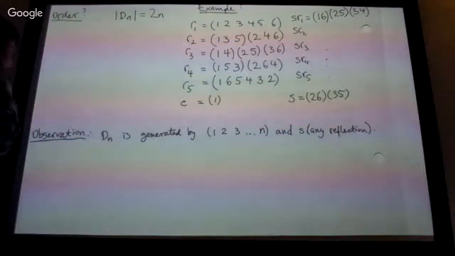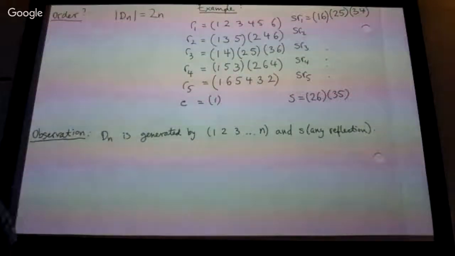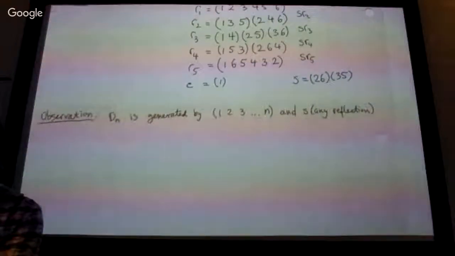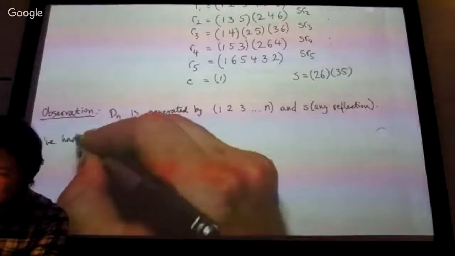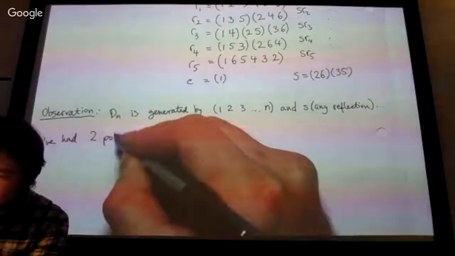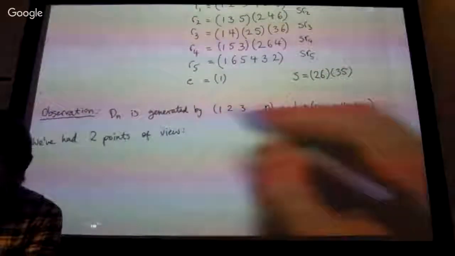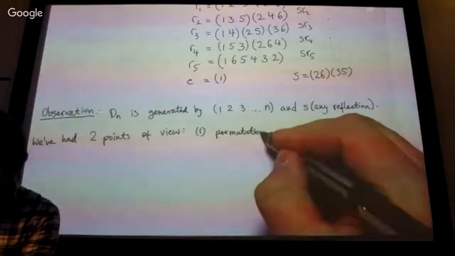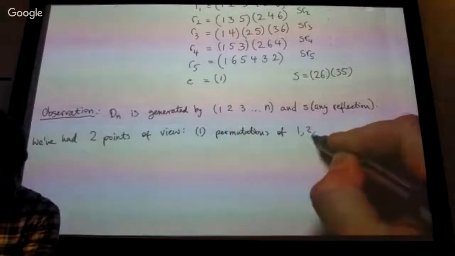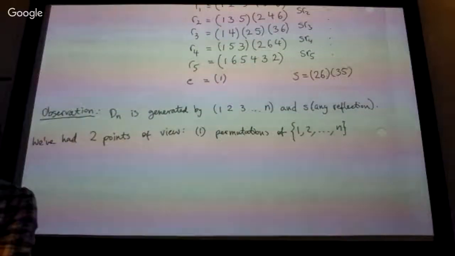Okay, this is a note here. So what we've had are two points of view. One was permutations of this set, just the vertices.